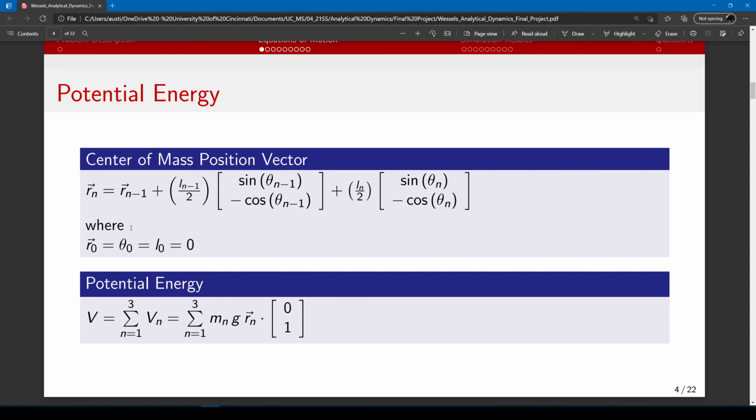So in order to do this, we also have to make this distinction where r sub 0 is 0 and L sub 0 is 0 for the first pendulum.